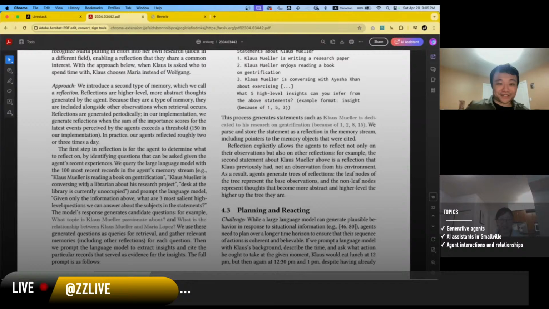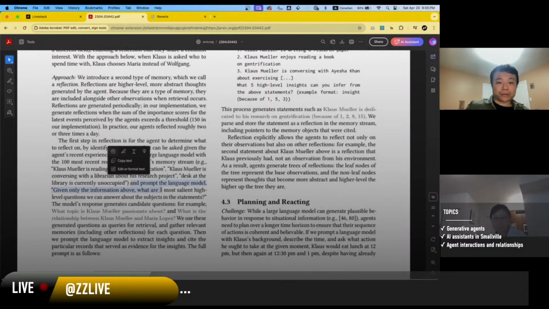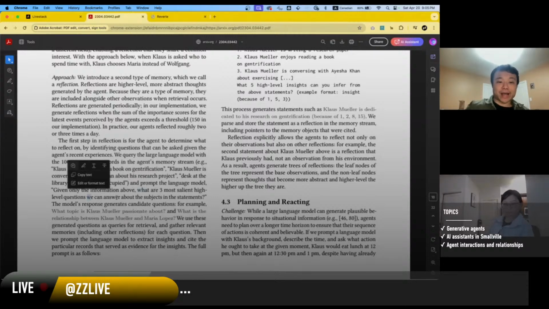Klaus Muller is conversing with a librarian about his research project, and so on and so forth. And prompt the language model: Given only the information above, what are the three most salient high-level questions we can answer about the subjects in the statements? The model's response generates candidate questions.